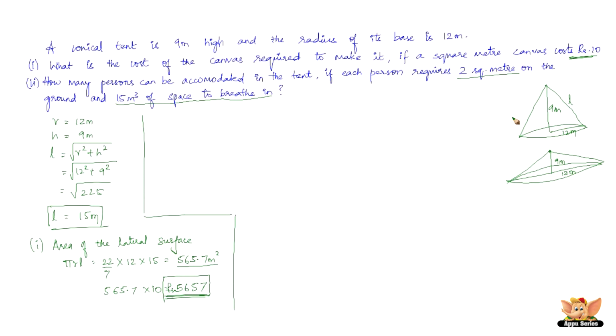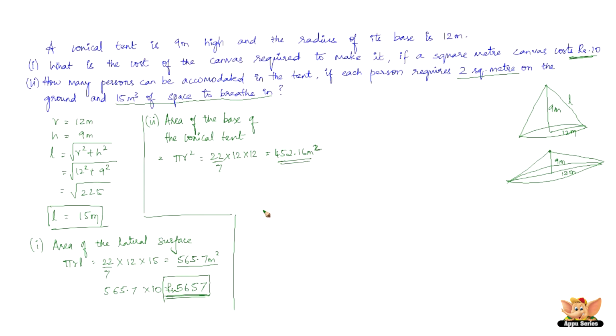Now let us move on to the second part of the question, which deals with the area of the circular base and the volume of the cone. The second part is the area of the base of the conical tent, which is nothing but pi r square, because it is a circular base. So 22 by 7, r is 12 into 12, that is r square. So we have 452.16 meters square.